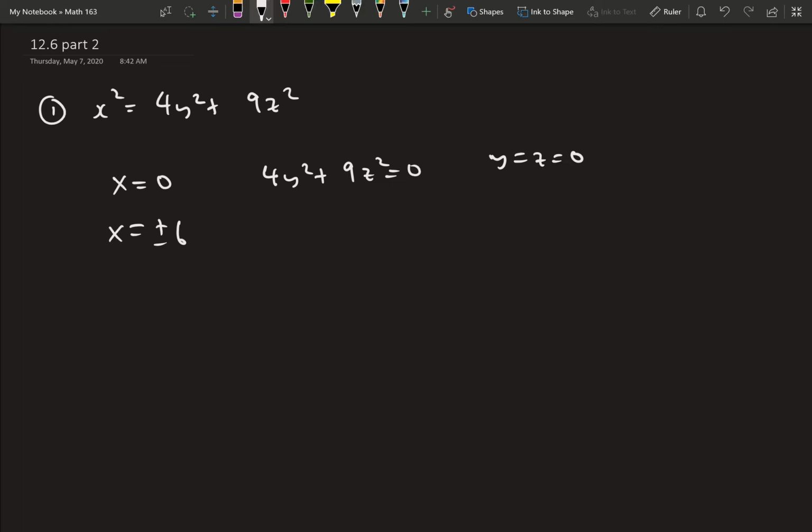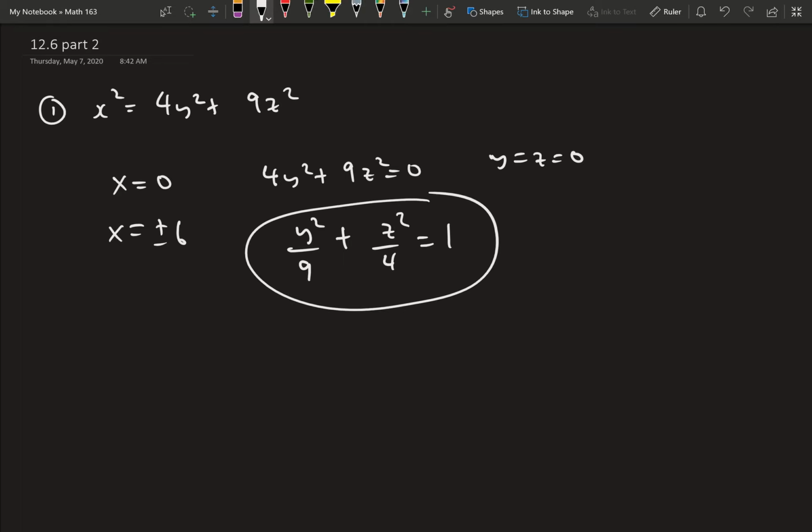And if you plug in plus or minus 6 and you simplify, you'll get y squared over 9 plus z squared over 4 is equal to 1. Because you'll get 36 on one side, you divide both sides by 36 to get this elliptical equation.